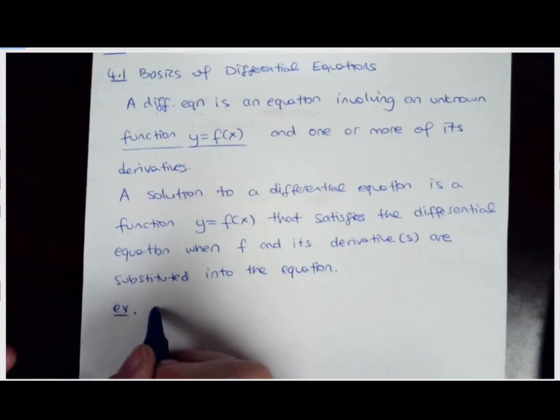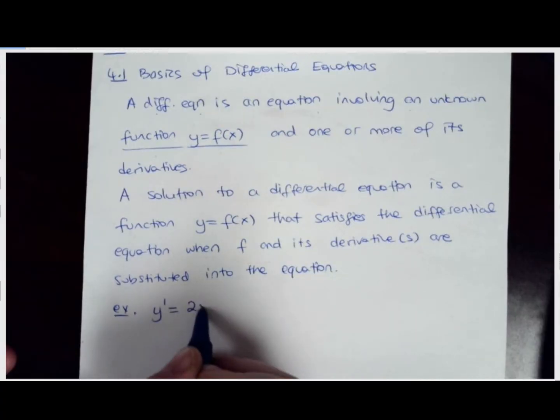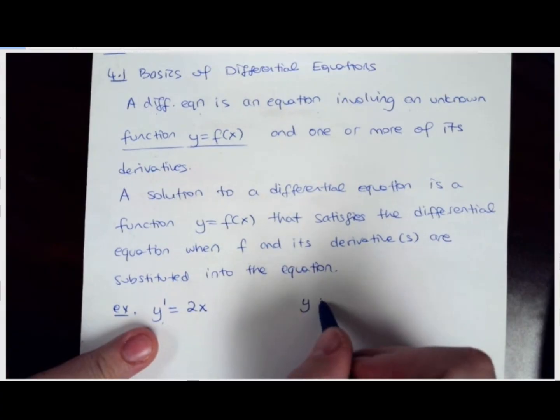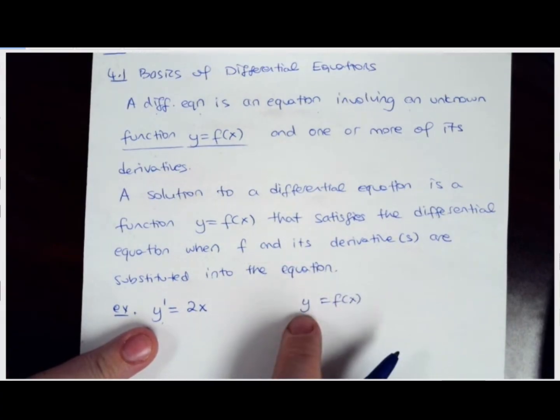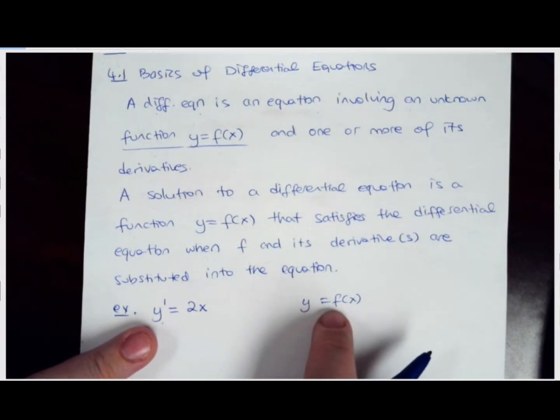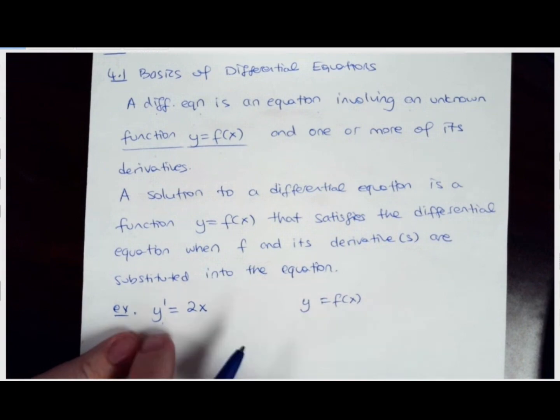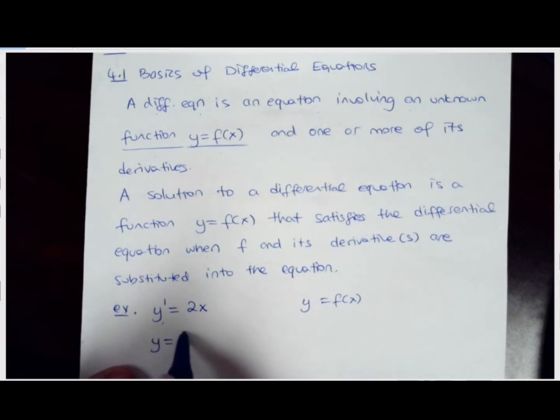So let's look at this equation. This is what we usually use to represent the function f of x, right? So y changes according to a formula which depends on the x values. So instead of f of x, we just use y, and the derivative of this function is 2x. So what is that function?